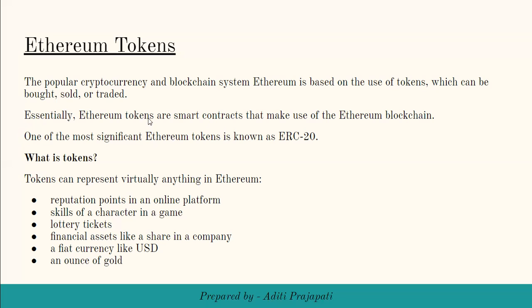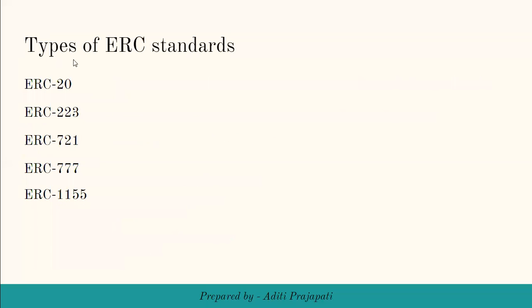To define functions we require a standard. So that's why we have different types of ERC standards like ERC20, which is basically a standard interface for fungible, that is interchangeable, tokens like voting tokens, staking tokens, or virtual currency.